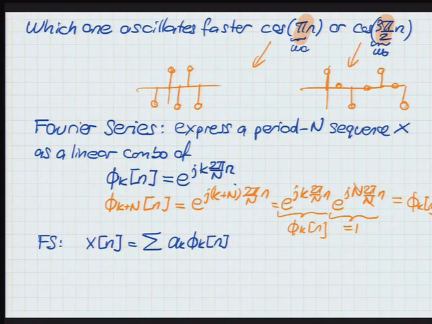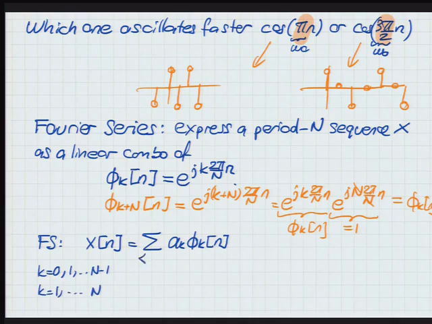Because the choice is really yours, whether you want to start at 0 and end at N minus 1, or start at 1 and end at N, or start at 2 and end at N plus 1, it's all your choice.